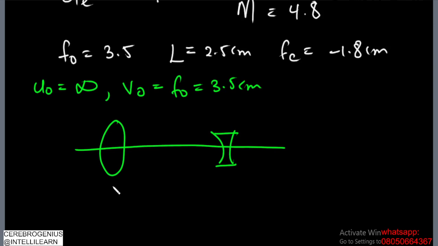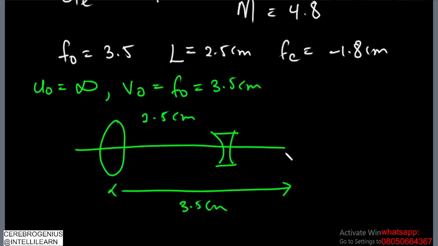So from here to here, the distance between them is what? 2.5 centimeter. Now this distance is what? 3.5 centimeter, and the image is forming here. So what's going to be this distance? That's just going to be 3.5 minus 2.5, and that will be 1 centimeter. So that's the distance from the eyepiece, 1 centimeter.